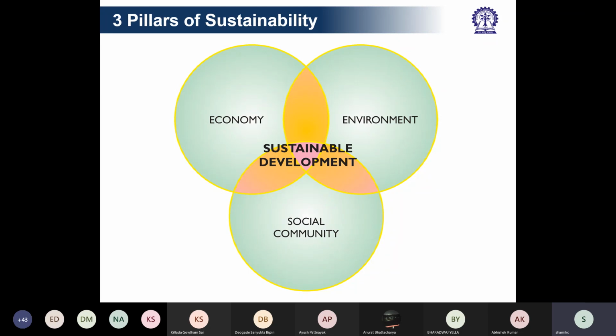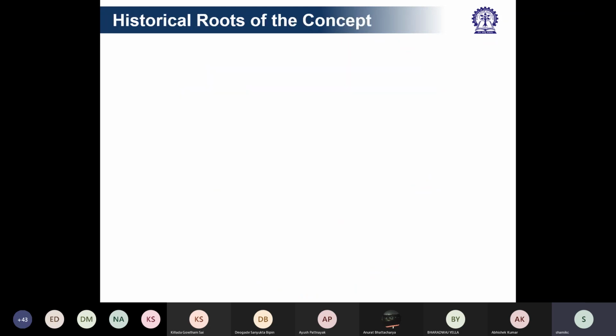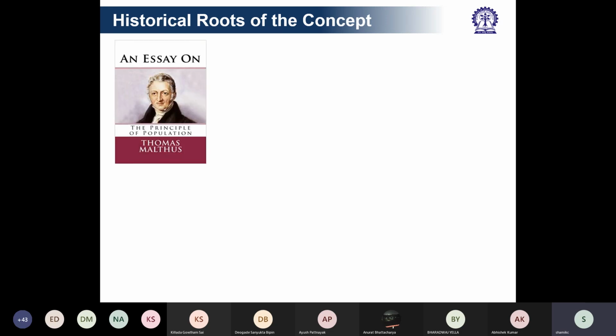Okay. So now let's see from where this concept of sustainable development came into existence, or how the sustainable development concept came into action. See, the impact of growing population and our civilization on the environment and resources of the planet was first identified by a demographer and political economist of England.